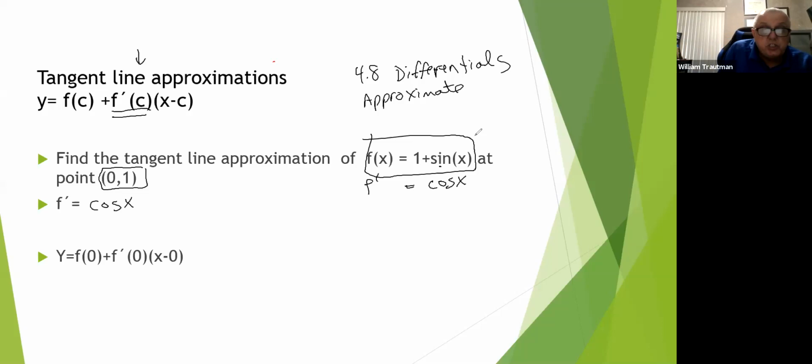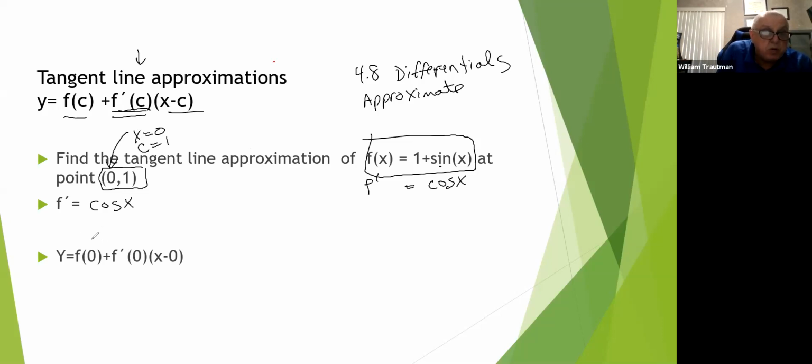We're going to approximate this function where x equals 0. Once we say x equals 0, we're also saying c equals 0.